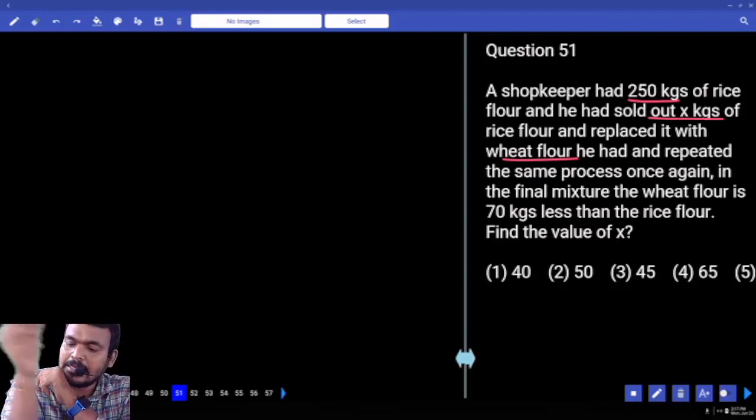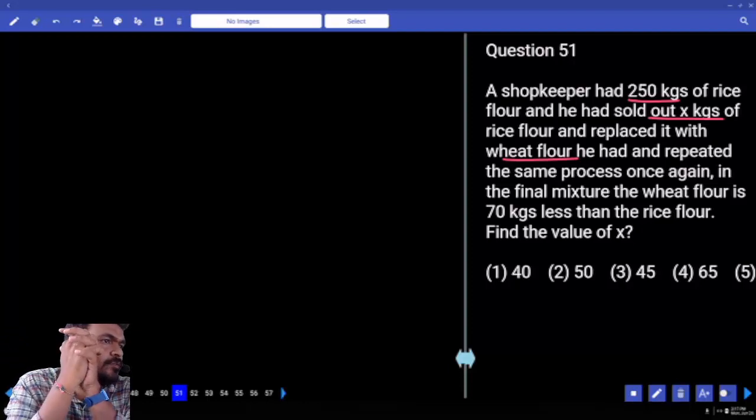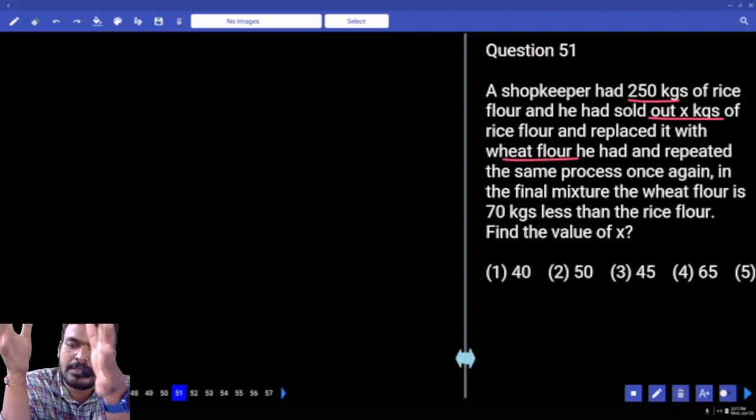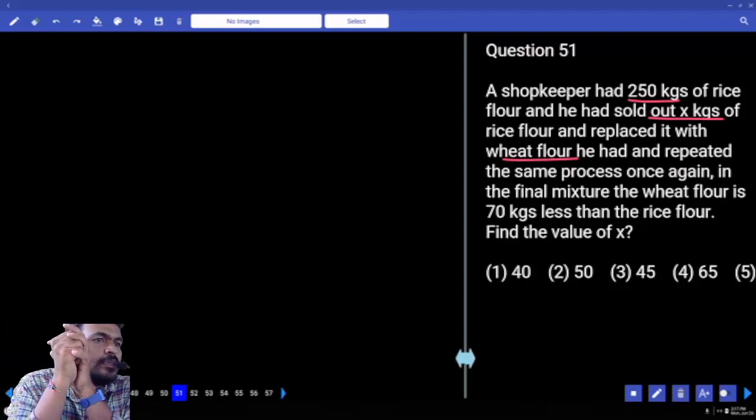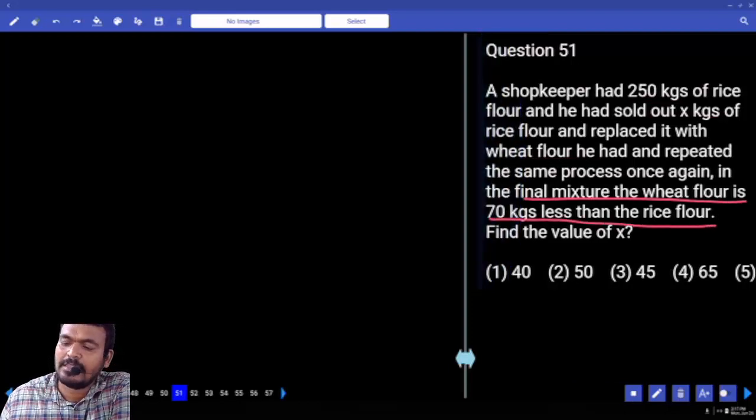Again next time also X kgs are taken, again it is replaced with wheat flour, means total operation is done how many times? 2 times. But there is no change in total quantity of the mixture. Total mixture is how many kgs? 250 kgs. But the last line is given, final mixture, the wheat flour is 70 kgs less than which one?